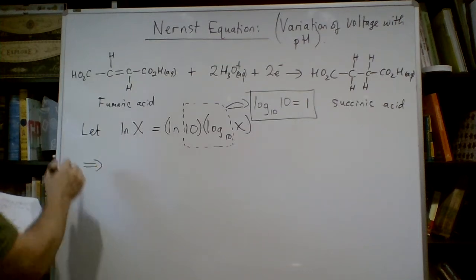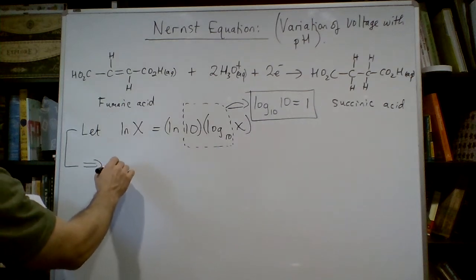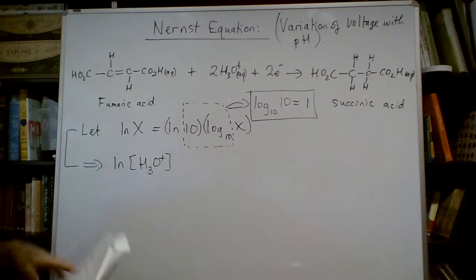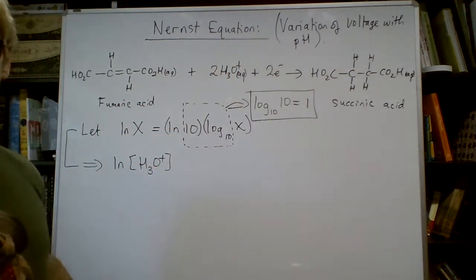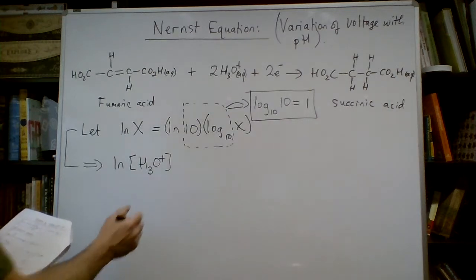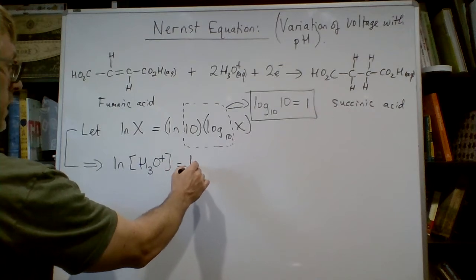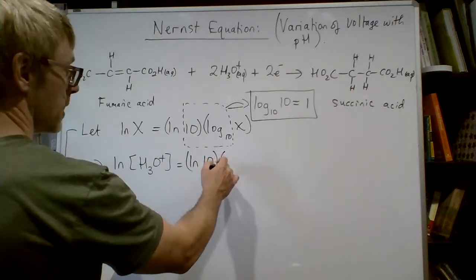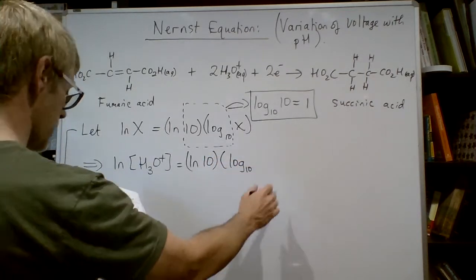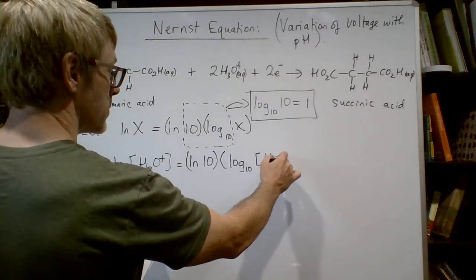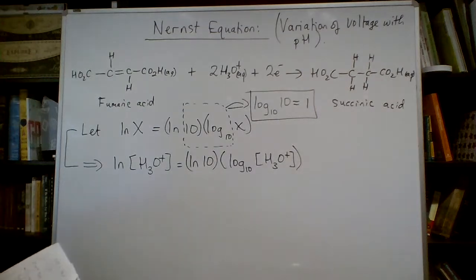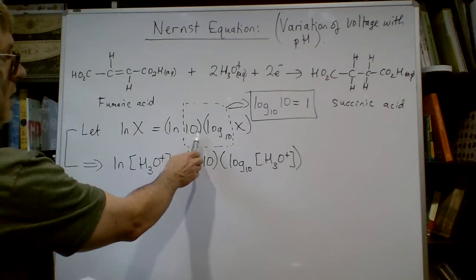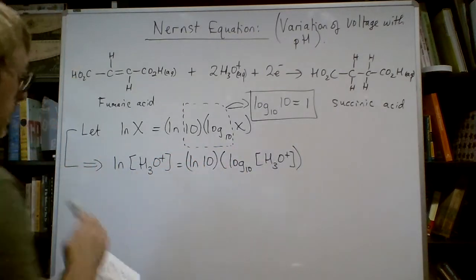Okay, so this implies that log base e of the hydronium ion, so you can either write hydronium ion here or just a proton, is equal to log base e of 10 and then log base 10 of the hydronium ion.